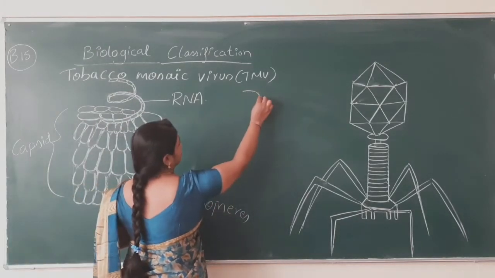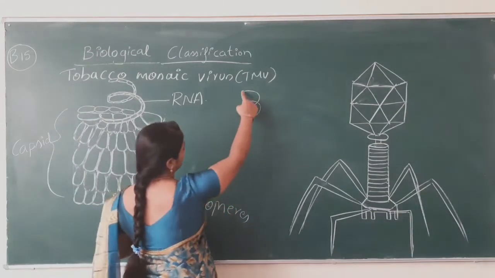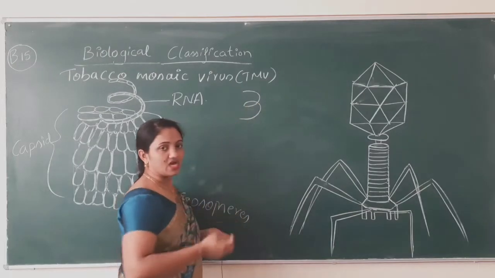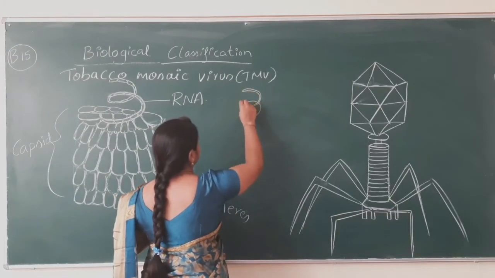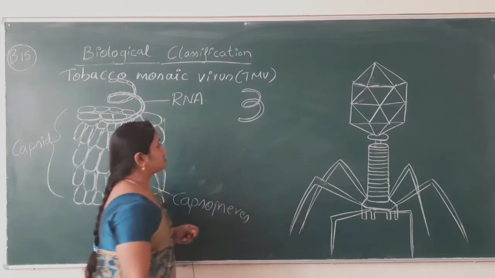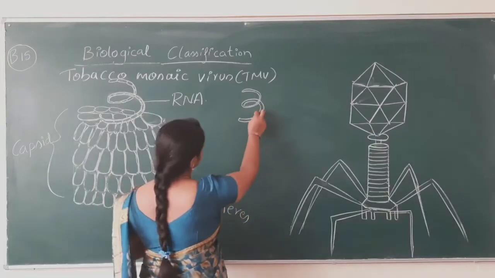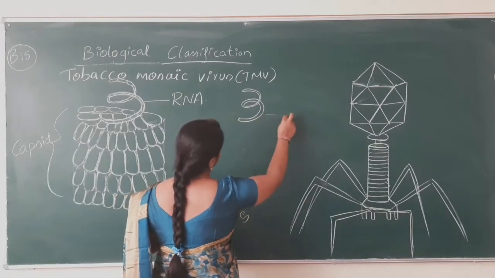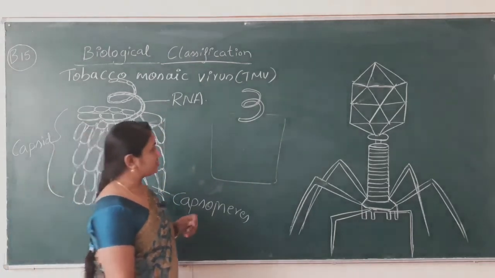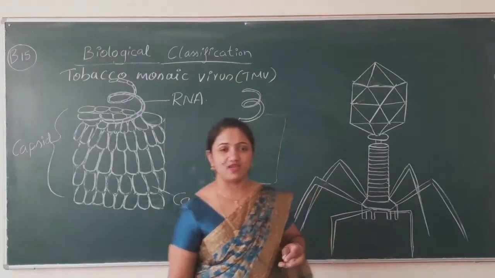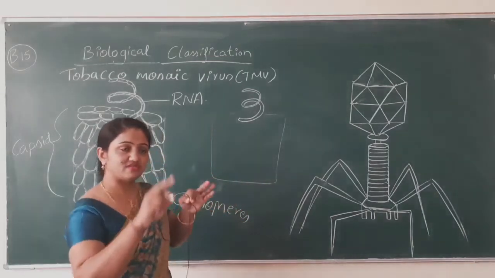This diagram includes nucleic acid, so just draw the nucleic acid first. This is the nucleic acid or RNA that I have drawn here. Make it one more line so that it looks like this, and draw the outline. Later you have to erase this, as the TMV doesn't include any borders. Only to make your diagram perfect, just draw the outline.